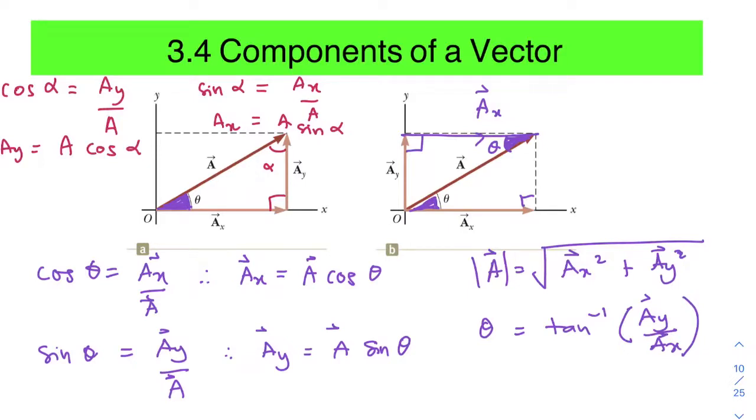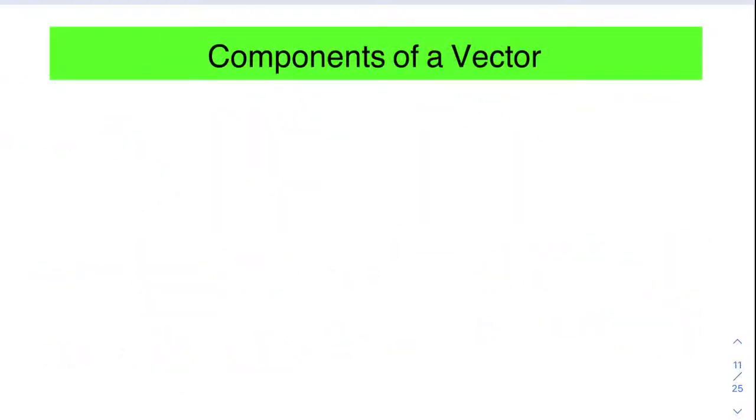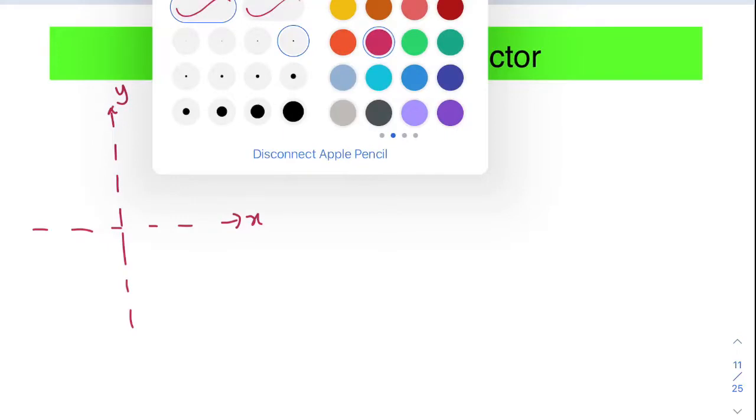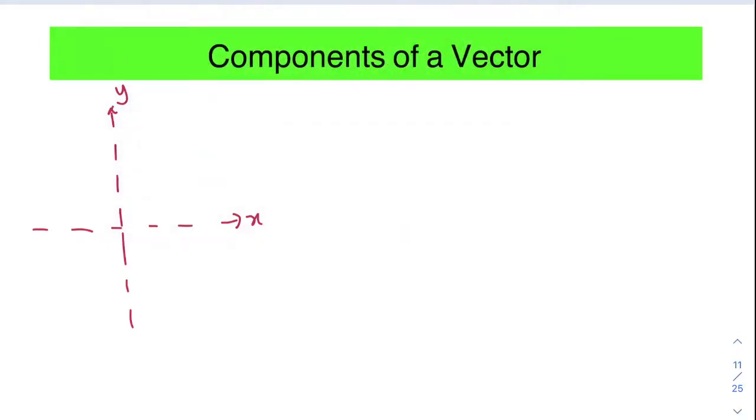Or vice versa. To get y component, you have to use sin function all the time. No. It will depend on which angle you are referring to. You may also use tangent actually. It depends on what you have in your hand, the information given to you. You have a situation. This is your reference axis. This is your x. This is your y. You have your first vector, let's say, vector A.